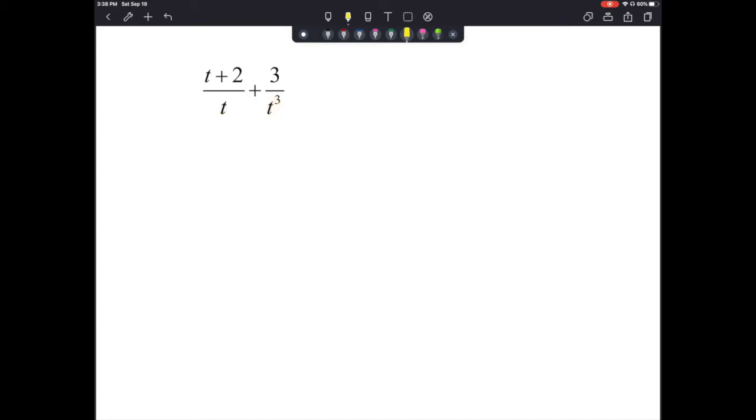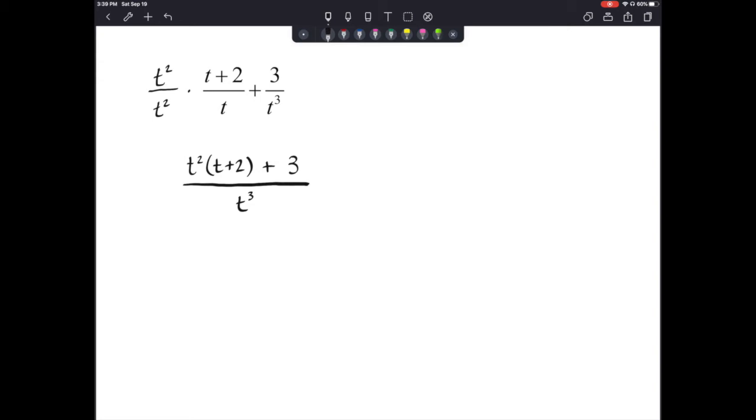Let's take this t on the left, and if we multiply it times a t squared, we'll get t to the third, which should be their common denominator. But again, if we do it on the bottom, we must also do it on the top. So what we're looking at here is t squared times the quantity t plus 2. And then we have plus 3. And right now it should all be over the same denominator, which would be t to the third power.